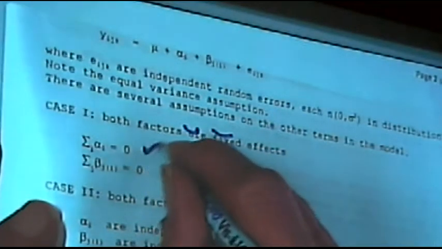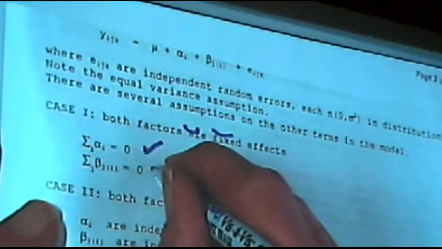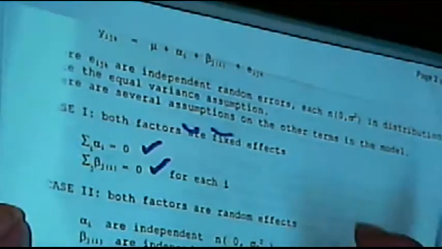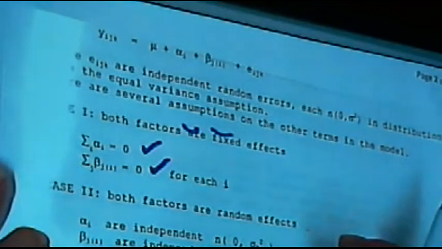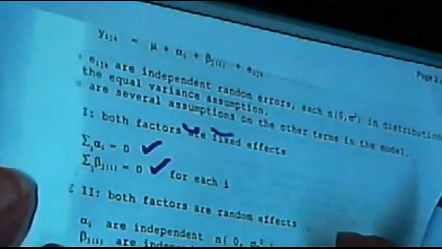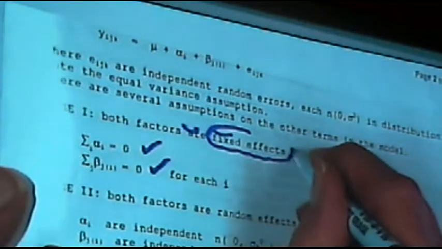The sum of the alpha i's is 0. The sum on j of the beta j's is 0 for each i. We've seen those kinds of side conditions before on the parameters in our model. And that's what we would have if the two factors are each fixed effects.